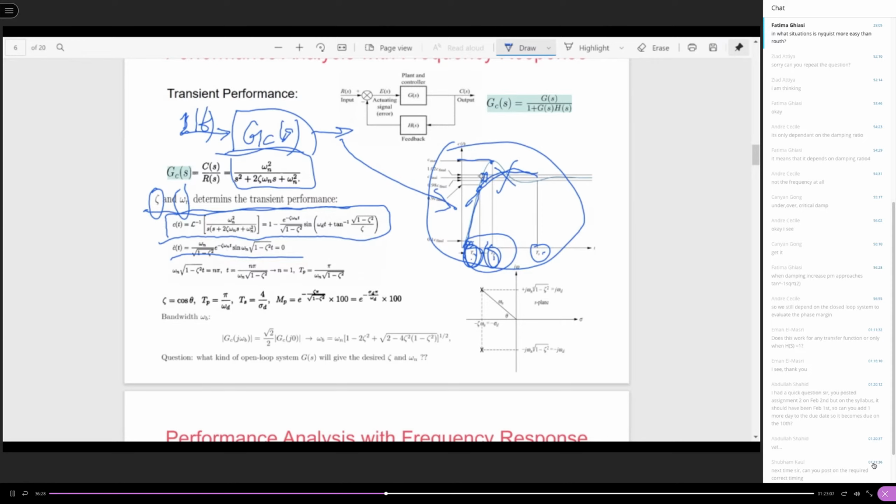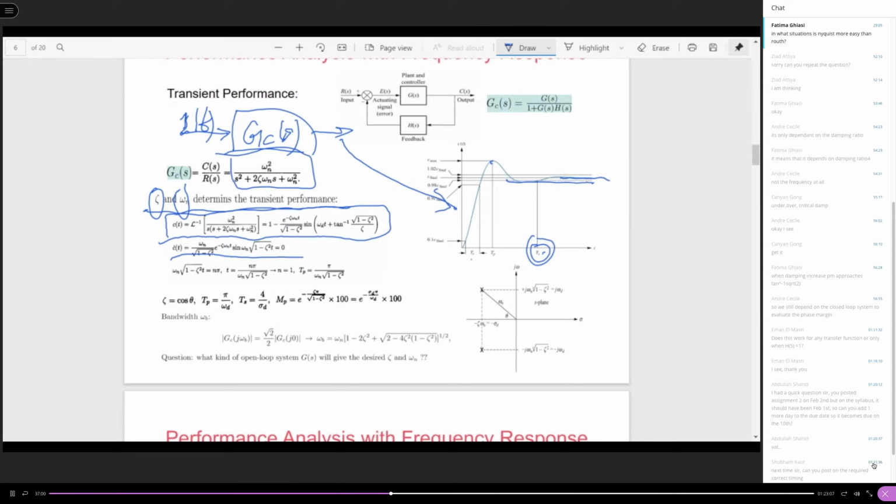Instead, if you see a fast rising time, the peak time is also fast. So in this sense, the peak time and the rising time are sort of overlapped and redundant. But the settling time is another measure. The settling time measures when the response settles within a bound of the steady state value.